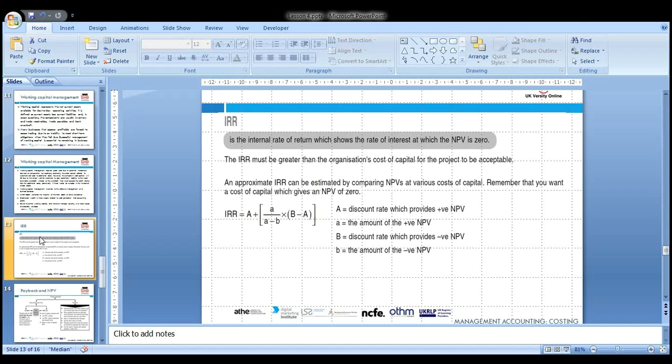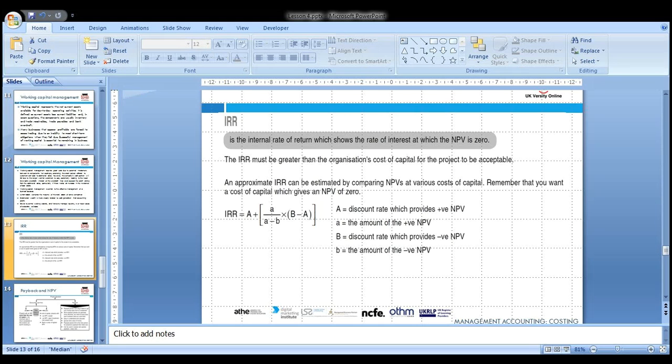Okay, next we're looking at appraisal. Appraisal means checking the performance, which we will go through further in the last lesson, learning outcome 5. IRR is the internal rate of return. It shows the rate of return at which the net present value is 0. Net present value means the value of the money which we will get in the future.